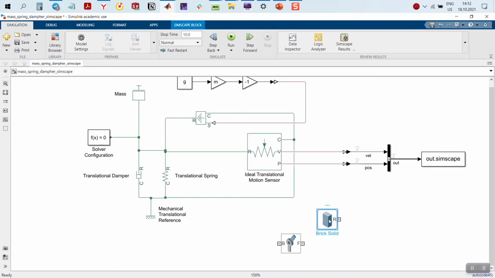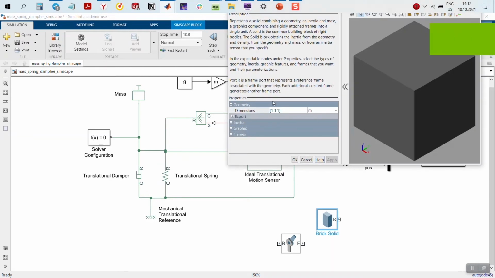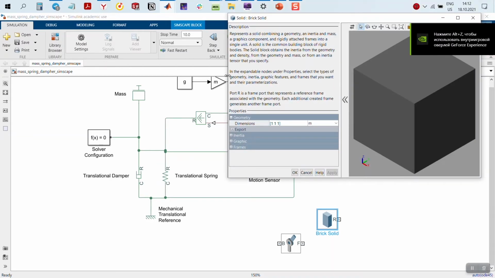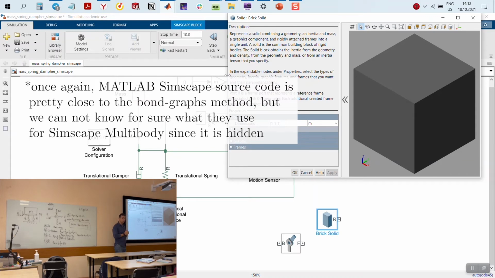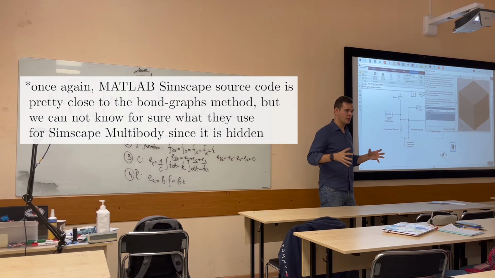And here you will not be able to see any equations. So yeah, here you can denote shape, mass, all this stuff. But what is the physics? MATLAB does not tell you what kind of equation they use. And they use the same bond graphs notation, but for the spatial motion. And those spatial motion we will consider in next lectures. We will consider spatial kinematics.